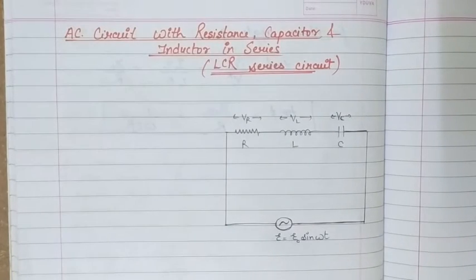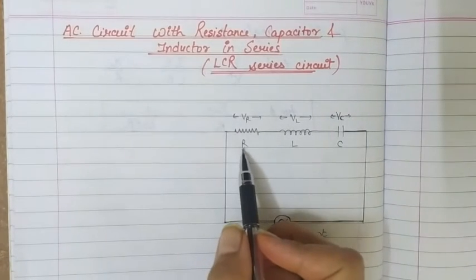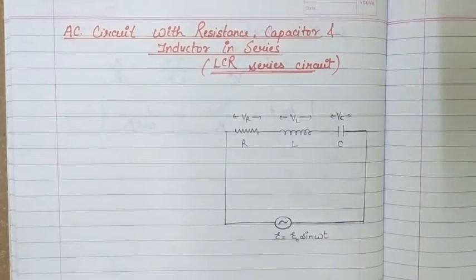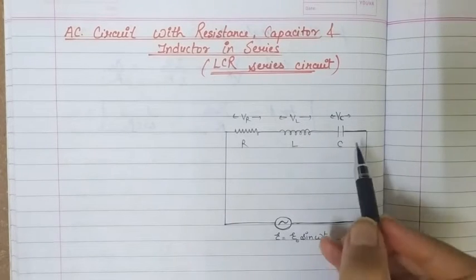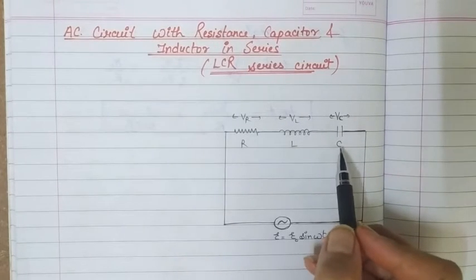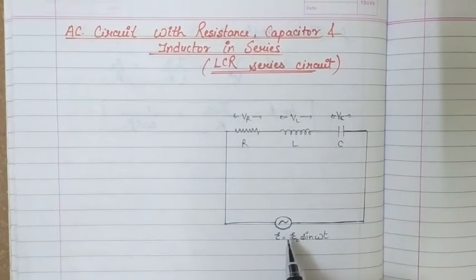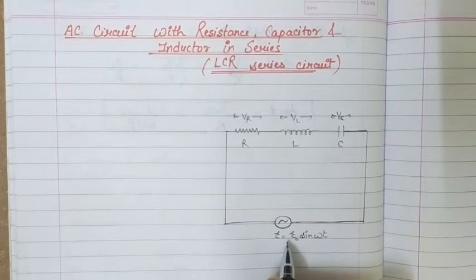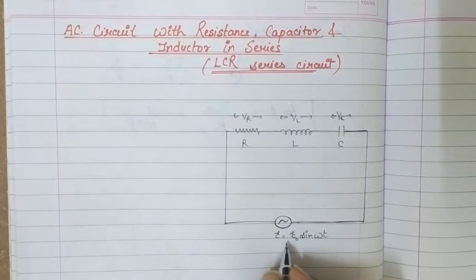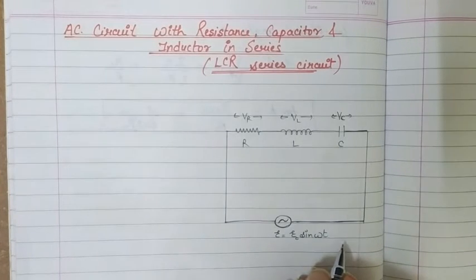So here, as we can see in the diagram, resistance R, inductor of inductance L and capacitor with capacitance capital C are connected in series to an alternating EMF source of EMF epsilon is equal to epsilon naught sine omega t.